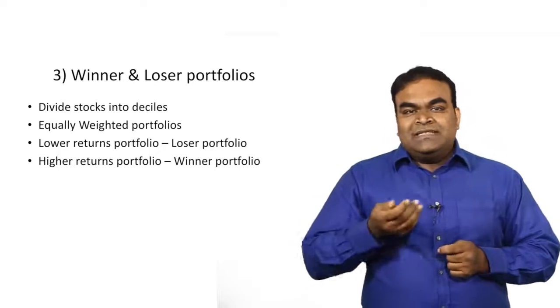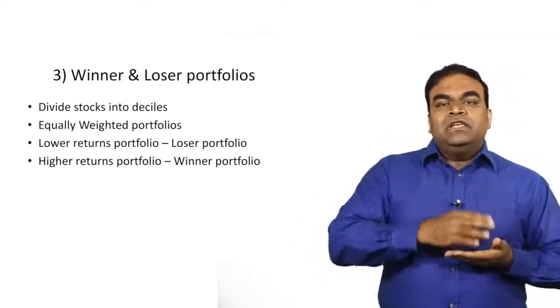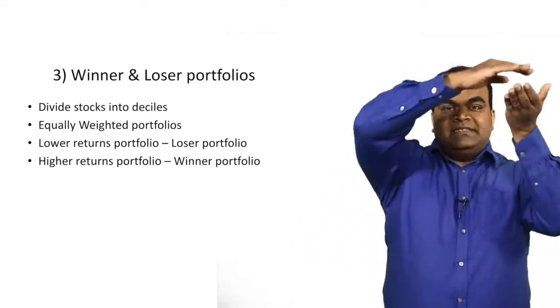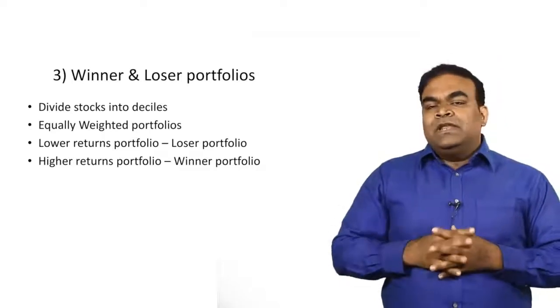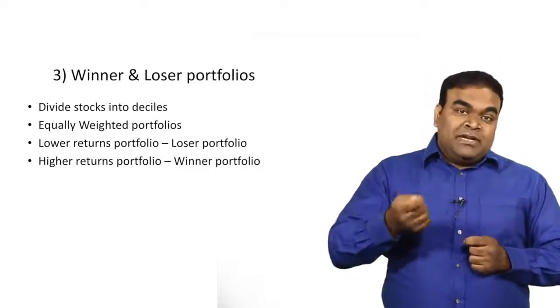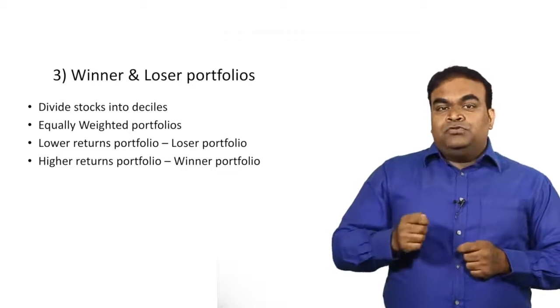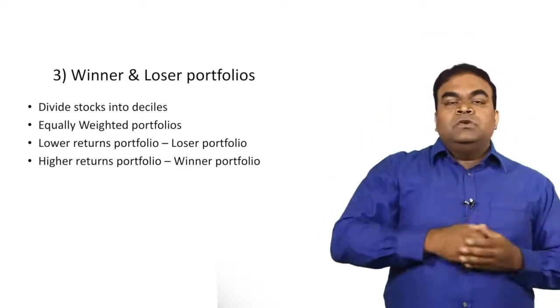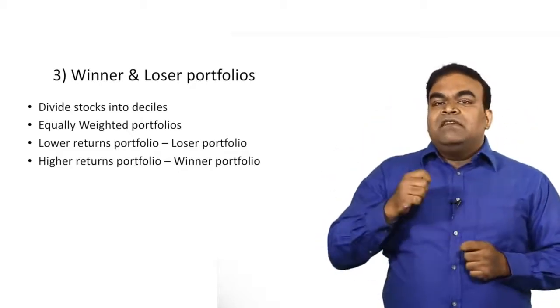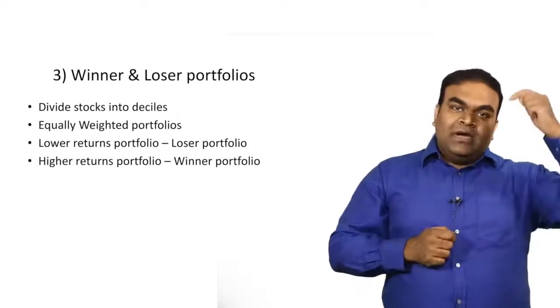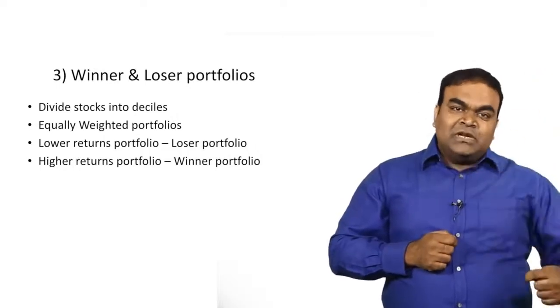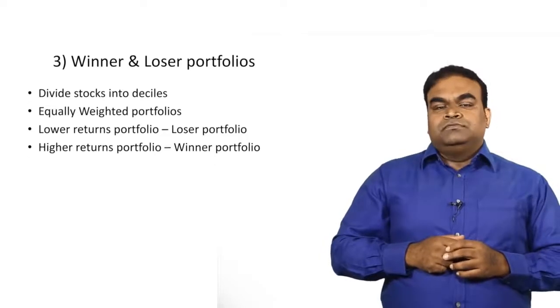The lower returns decile portfolio is called the loser portfolio and the higher returns decile portfolio is called the winner portfolio. According to the momentum anomaly, the winner portfolio should outperform the loser portfolio. So, our strategy will involve longing the winner portfolio and shorting the loser portfolio.